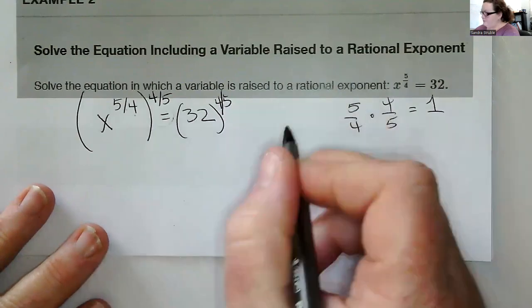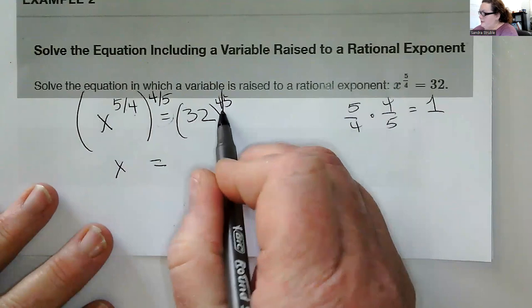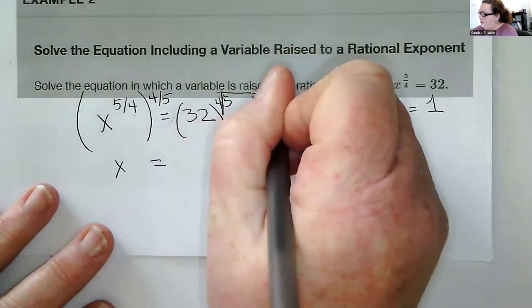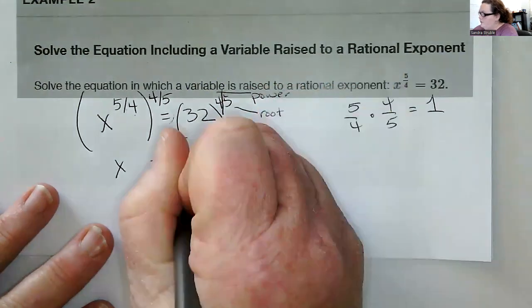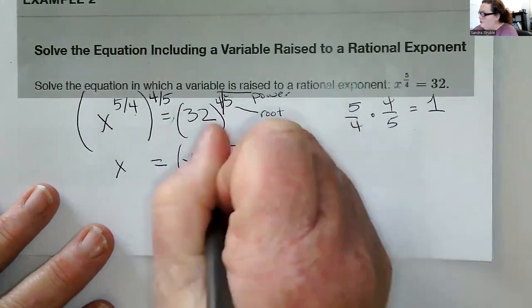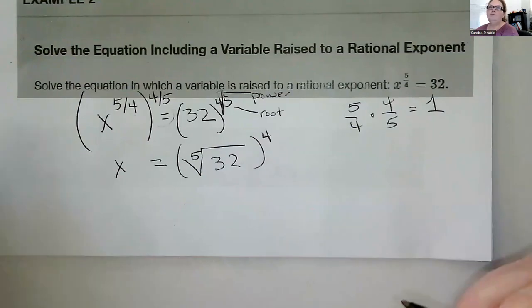All right. So x will equal, well, this is the same thing as power over root. So the power is 4 and the root is 5. So this is just the 5th root of 32 raised to the 4th power. Or you could say 32 to the 4th power, or the 5th root of that.